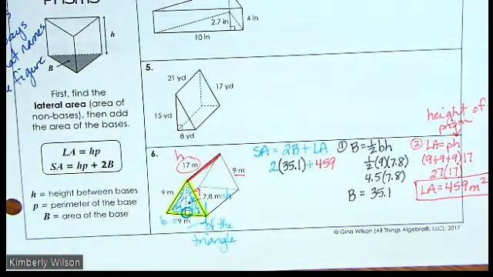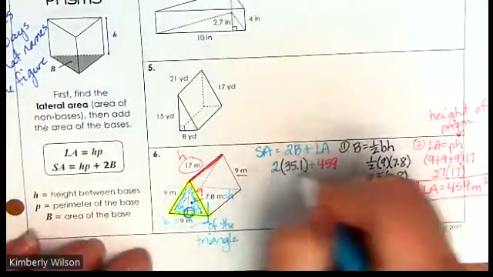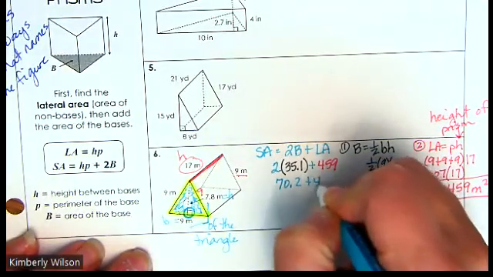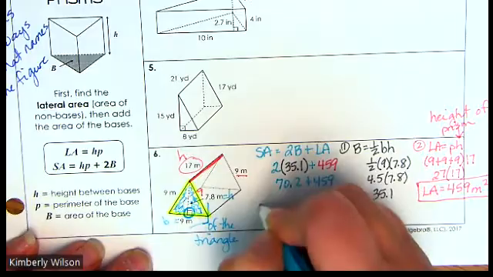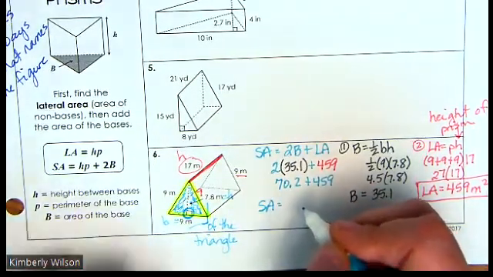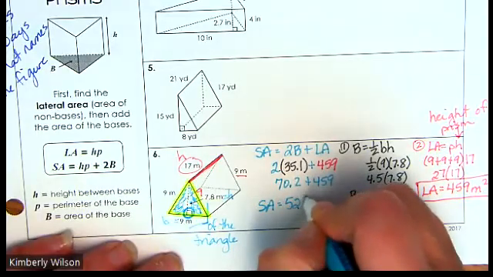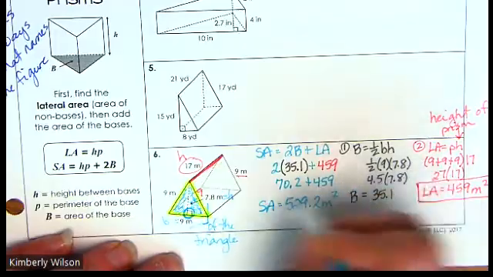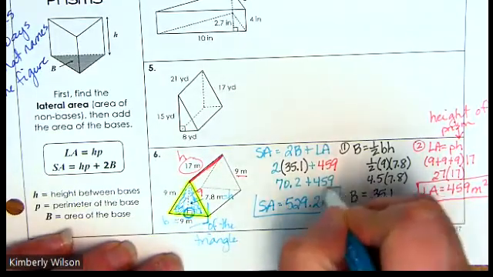And now I simplify. So 2 times 35.1, that's going to be 70.2 plus 459. So that gives me a total surface area of 529.2 meters squared. Okay.